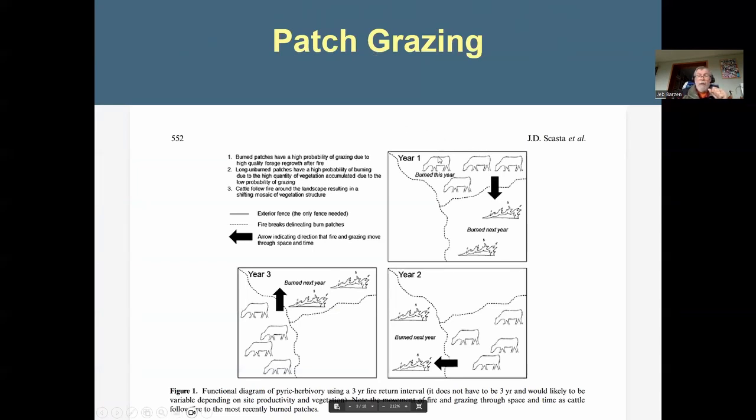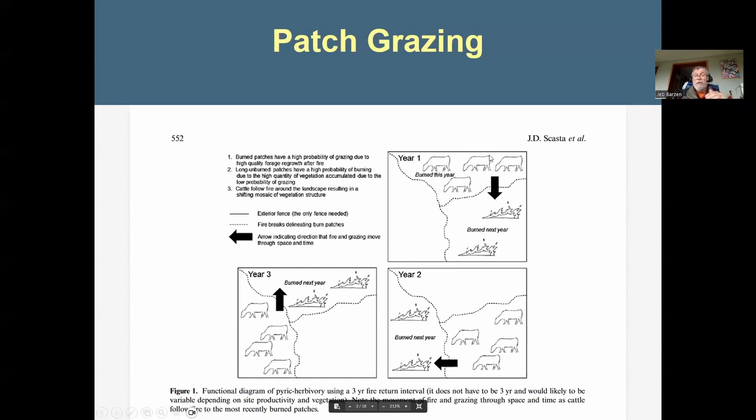So patch grazing is simply if you burn this area as a patch, and then let animals graze on their own with no fences involved, they will tend to graze in the area that's the first growing season since the last burn. And that's critical to keep in mind. If you overstock it, they'll eventually graze in other areas that are 2 growing seasons or 3 growing seasons since the last fire.